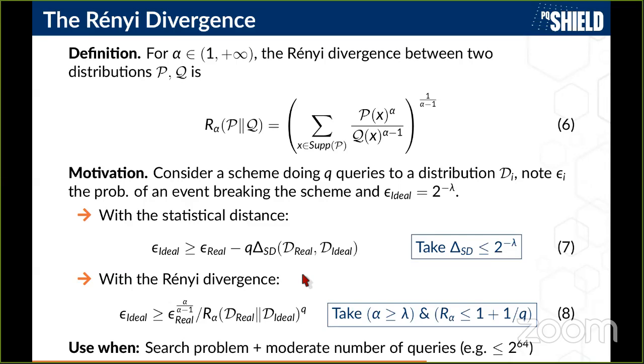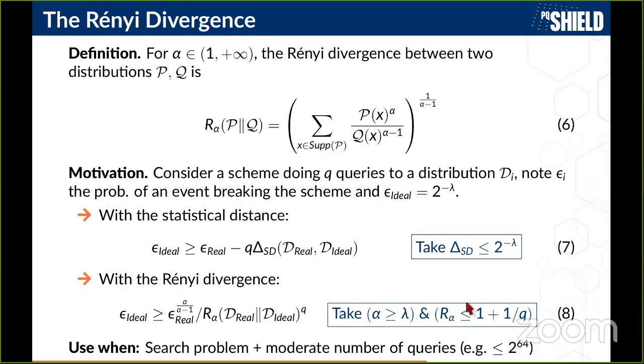So one interesting thing with the Renyi divergence is that instead of having an additive probability preservation property, we get a multiplicative probability preservation property. And that's really nice because we can show that if we take the parameter alpha of the Renyi divergence to be larger than lambda, and if we take the Renyi divergence to be less than 1 plus 1 over q, then we can claim, up to a loss of big O of 1 bits of security, the same security for the ideal scheme and for the real scheme.